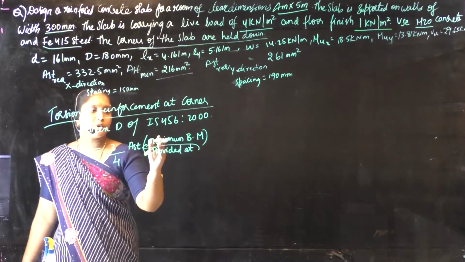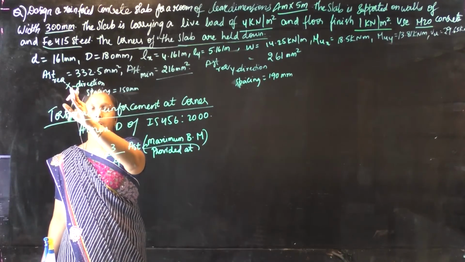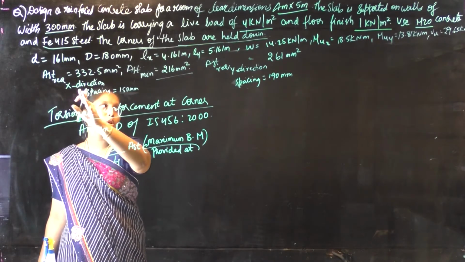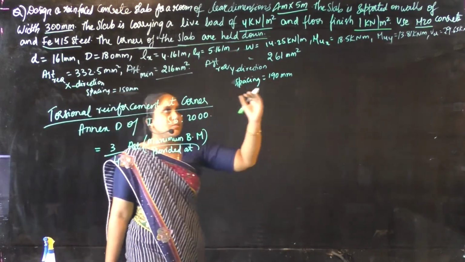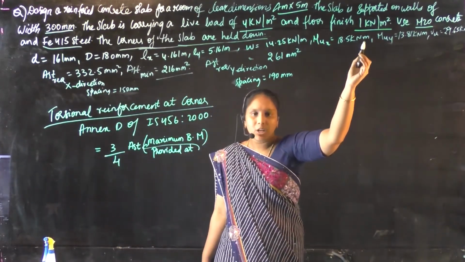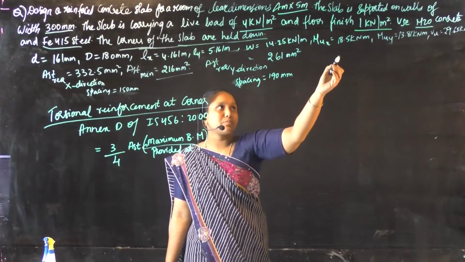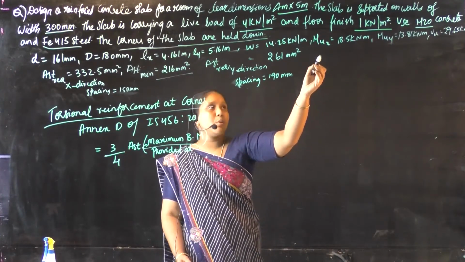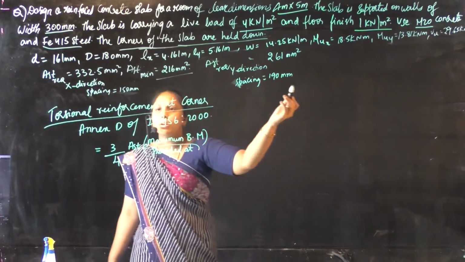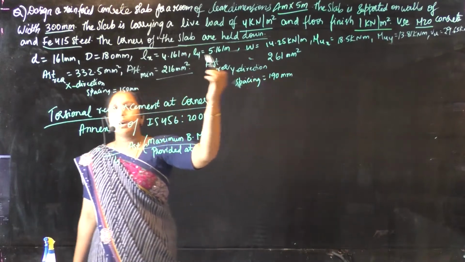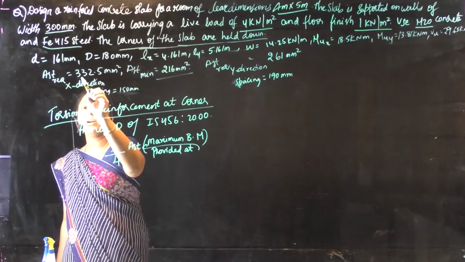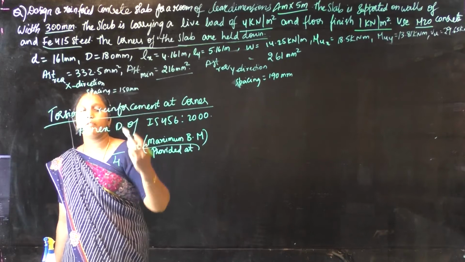So first, this is the AST required at the maximum bending moment. So what is the maximum bending moment here? The maximum bending moment is 18.5 kilonewton meter. So at this MUX, what is the AST we have required? The required AST is 332.5 mm square.